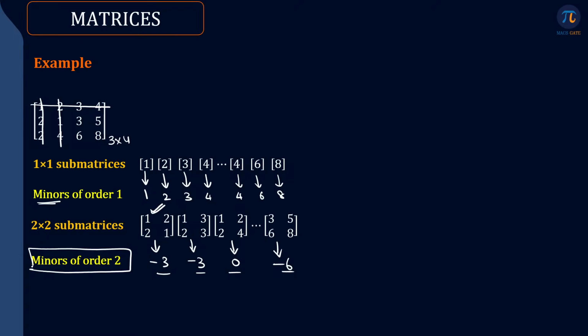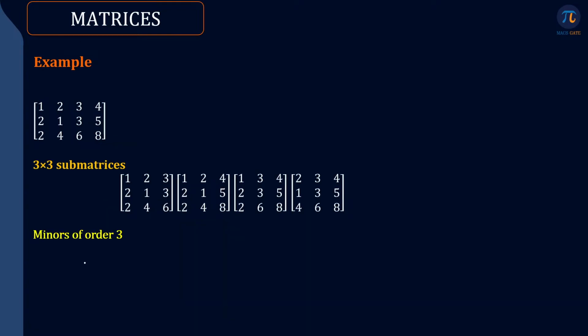See, we can get 1 by 1 submatrices. They are all square matrices of order 1. Their determinants are called minors of order 1. You can get 2 by 2 submatrices, and their determinants are called minors of order 2. Similarly, we can also get minors of order 3. First, you need to find 3 by 3 submatrices. Here, if you remove this column, and no need of removing any row, only the column to be removed, this is a 3 by 3 submatrix.